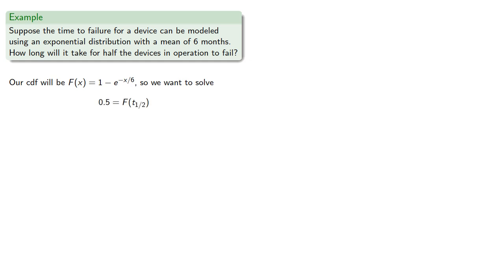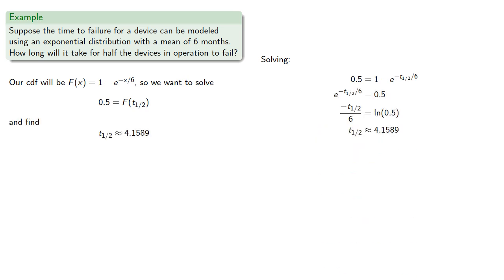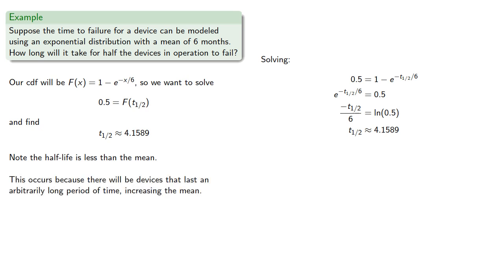Half is the probability. So solving this equation gives us, and note that the half-life is actually less than the mean. And this occurs because there will be devices that last an arbitrarily long period of time, which will tend to increase the mean.